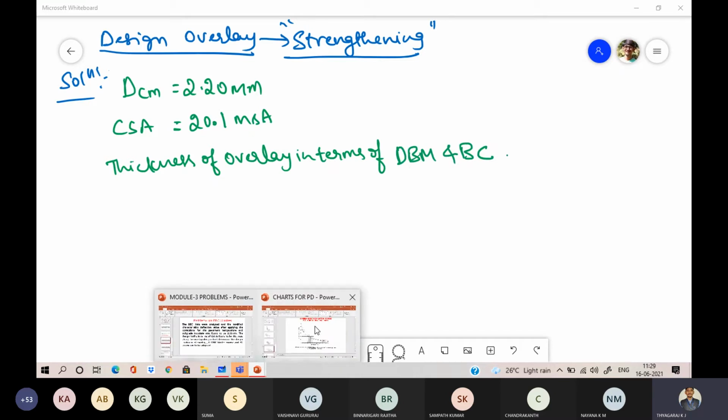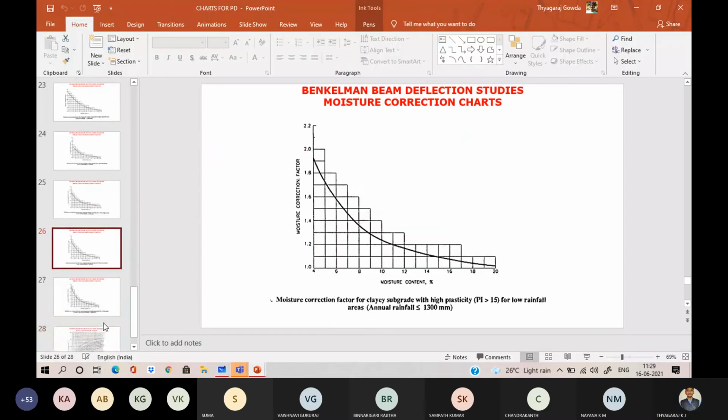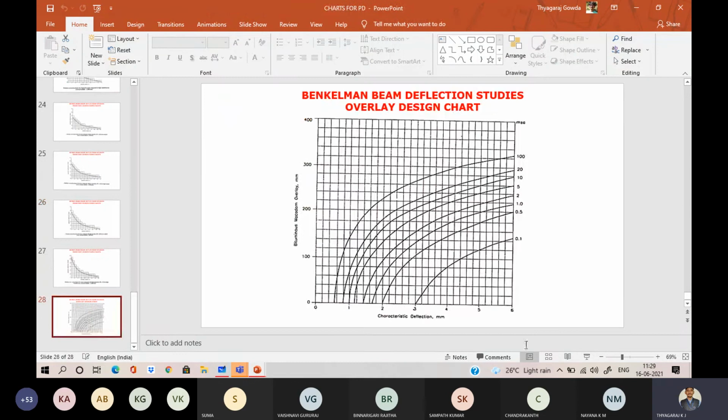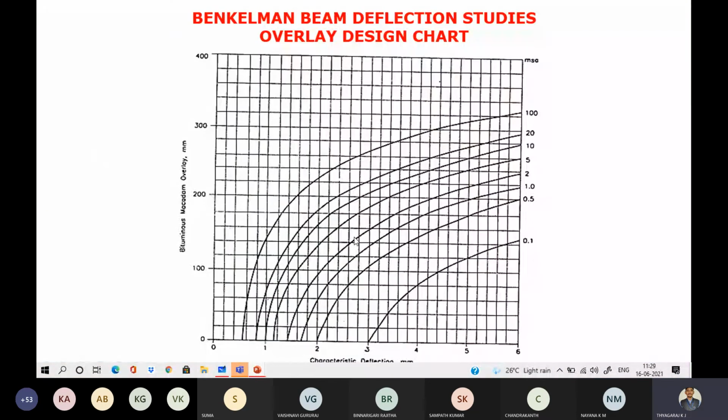So we'll go for the graph. You can observe here, are you able to see the graph? Yes, sir. Okay. These values, whatever I am marking, are cumulative standard axles.